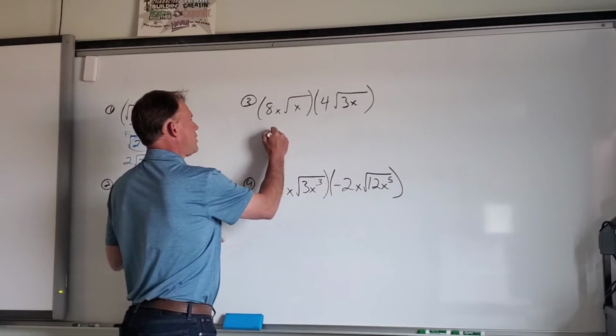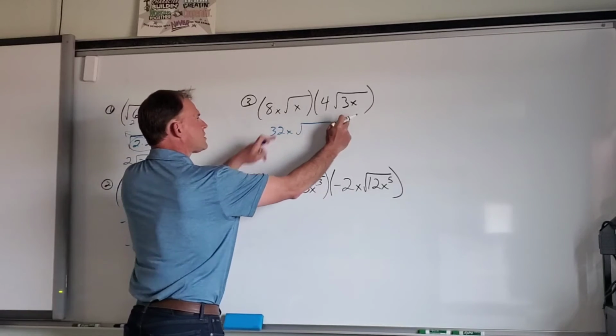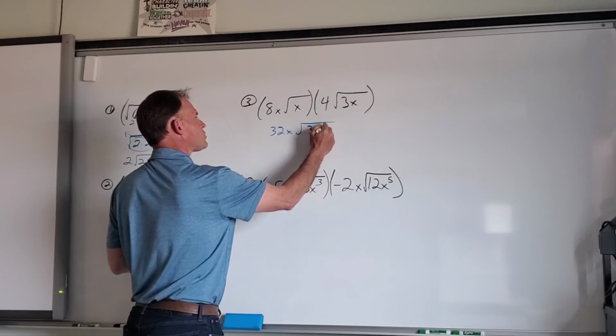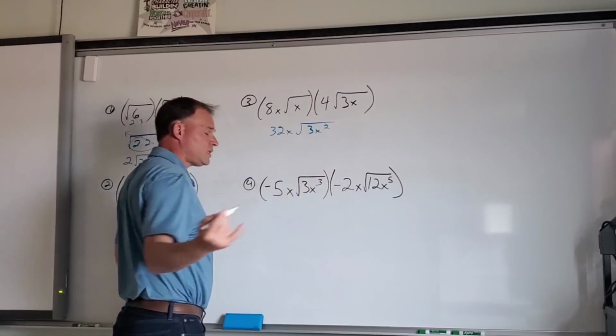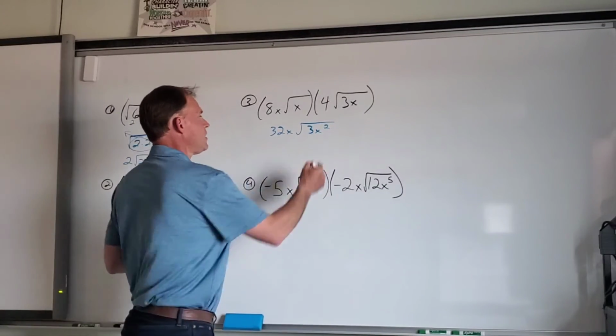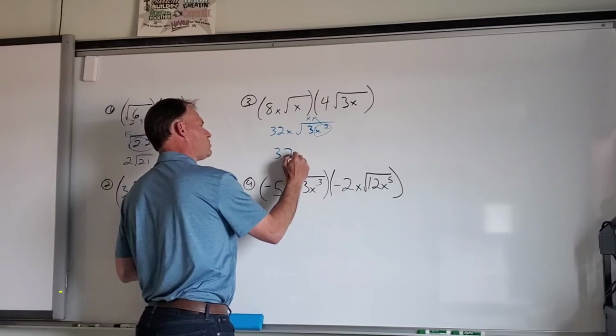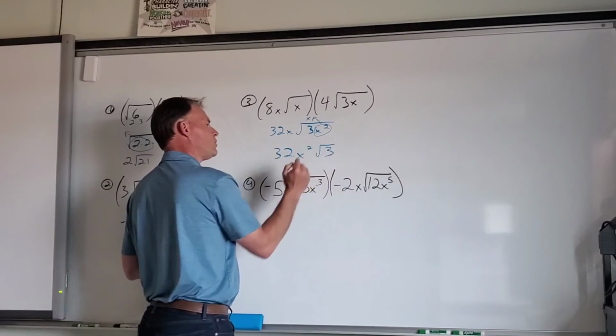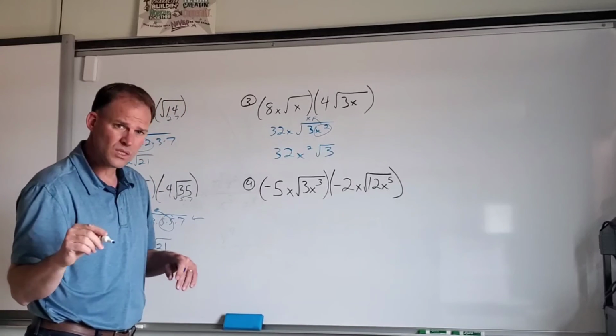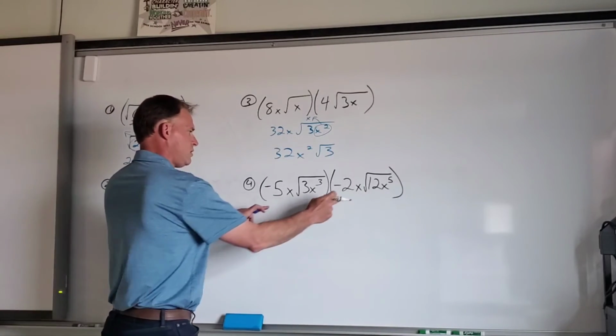So move on to the next one. Again, I've got 32x out front. Here, I've got 3x squared on the inside. 3's a 3, it doesn't break down. We've talked about variables, half on the out, so that's 32x squared root 3. And number 4.